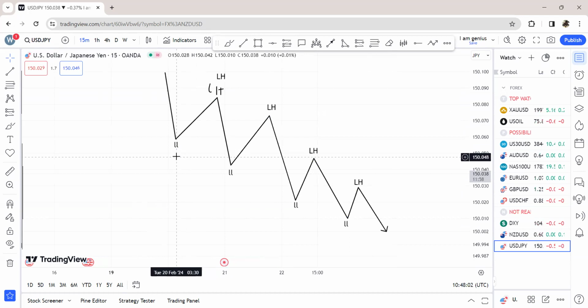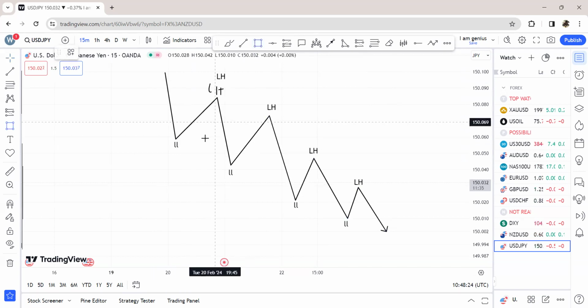The other point to note is this. When I talk about support levels that have tended to be resistance levels, or resistance levels that have tended to support, what that means is, on a bigger scale, it's not just a specific line, like for instance, this lower low.